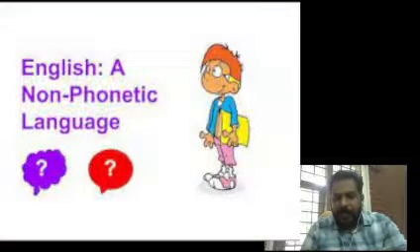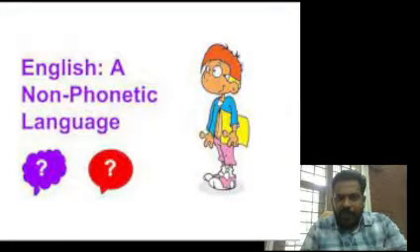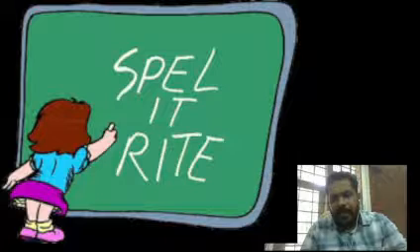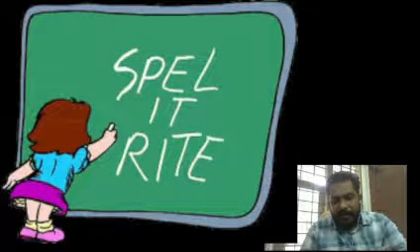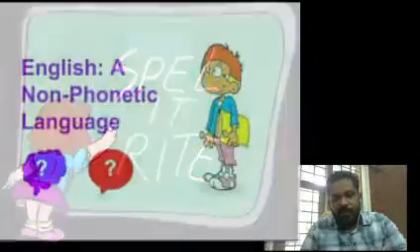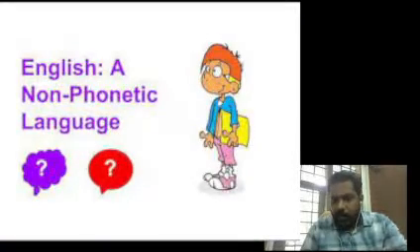Another characteristic is silent letters. In English, we can identify various letters that are not pronounced. That means there are many silent letters in English. For example, in the word knife, K is not pronounced.